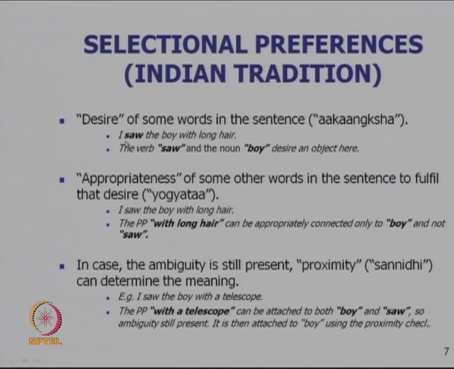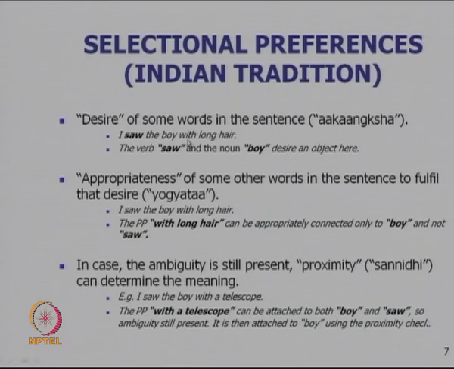So, if I take this sentence, I saw the boy with long hair, then this particular prepositional phrase, with long hair, has to be attached to some entity in this sentence.